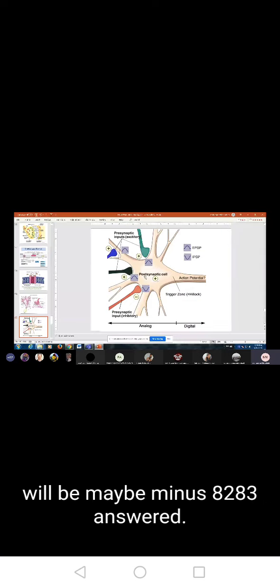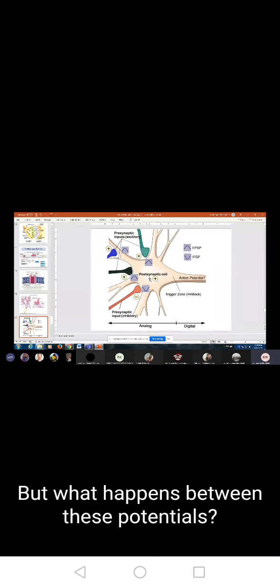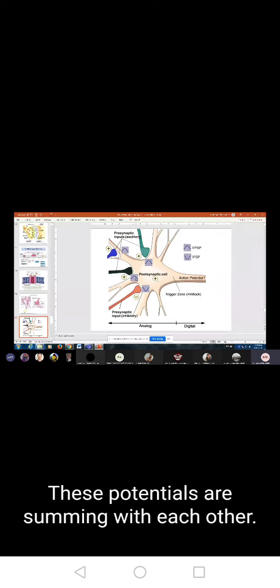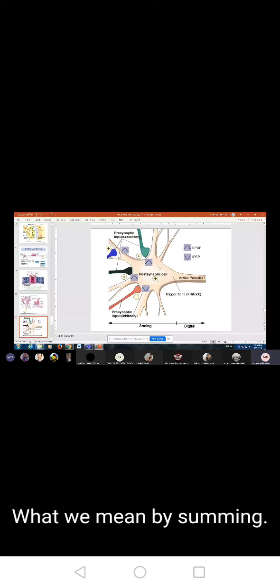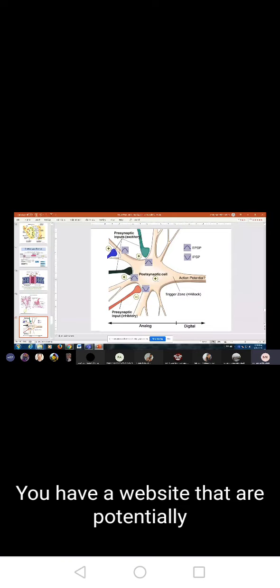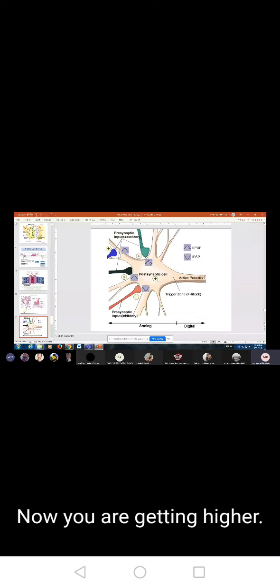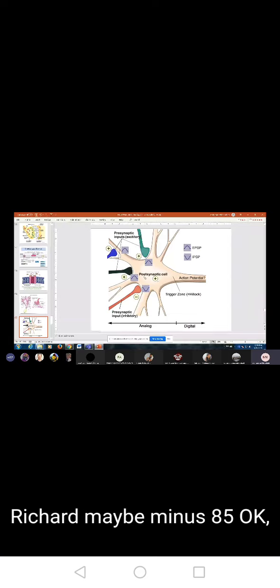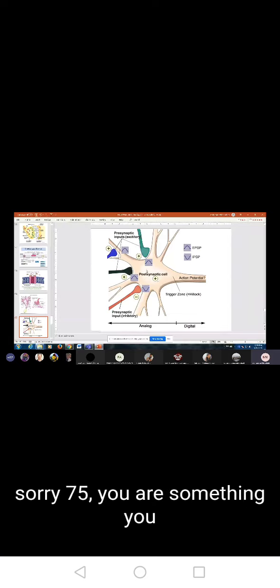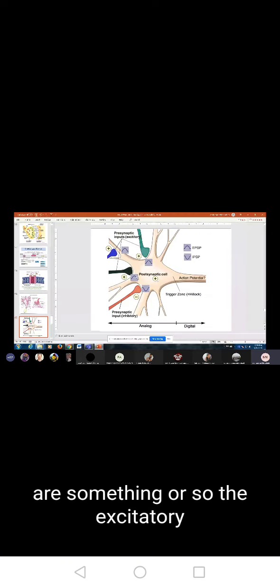But what happens between these potentials? These potentials are summing with each other. What do we mean by summing? So you have one excitatory potential here, minus 80, for example, meeting another one, minus 80. Now you are getting a higher amplitude, maybe minus 75. You are summing.